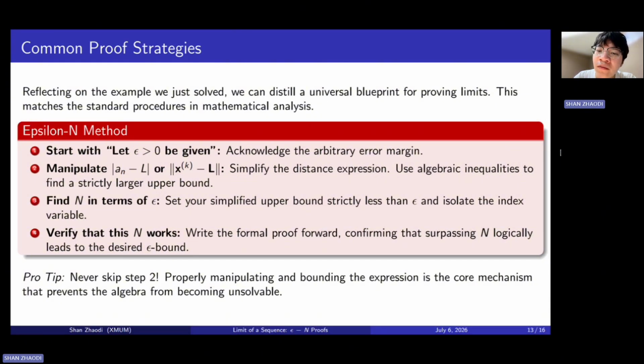Thirdly, find the N in terms of epsilon. And fourth, write the formal proof forward to verify it. My pro tip here is do not skip step 2. Properly bounding the expression is a core mechanism that prevents your algebra from becoming unsolvable.